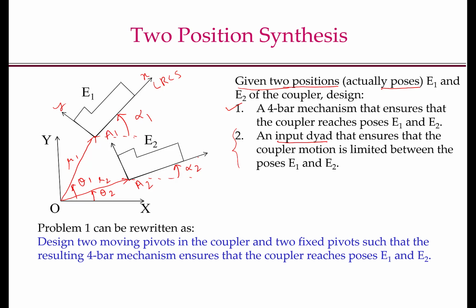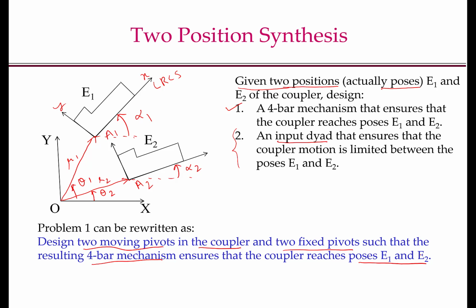Now problem 1 can be restated as: design 2 moving pivots on the coupler and 2 fixed pivots such that the resulting 4-bar mechanism ensures that the coupler reaches poses E1 and E2.